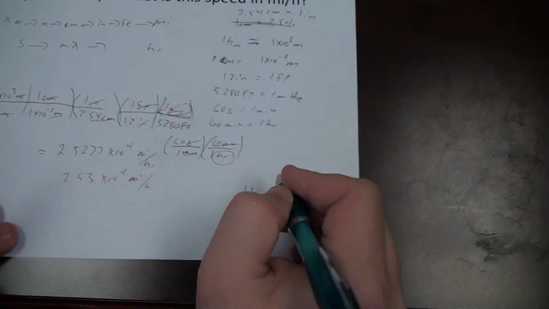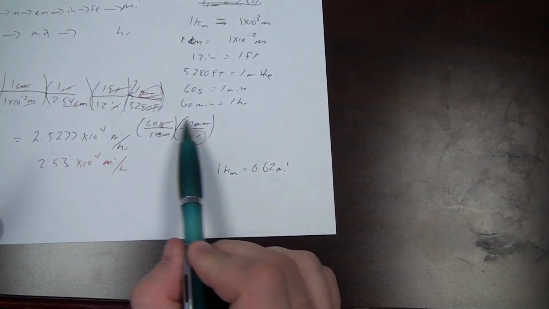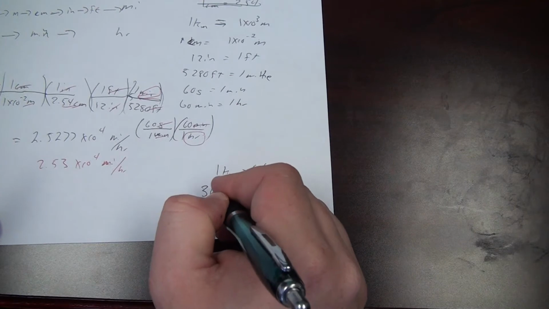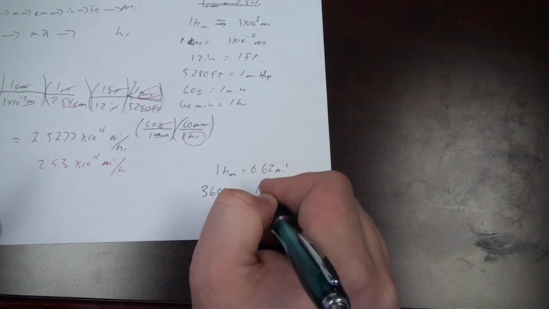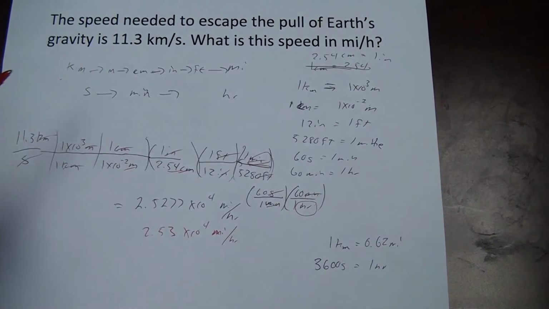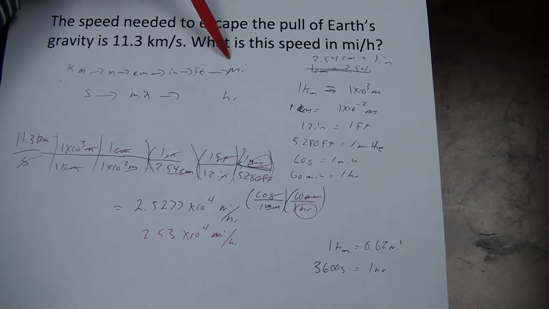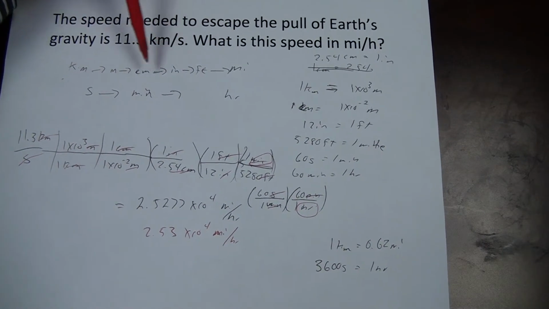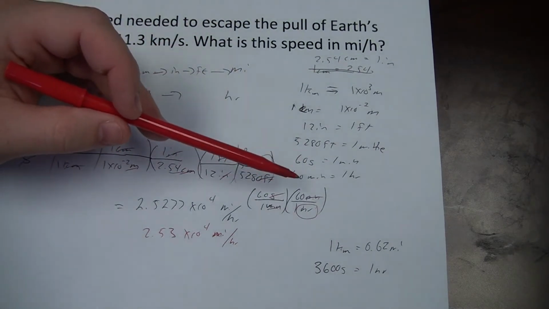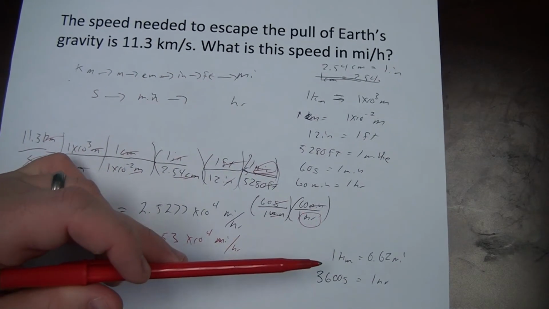And if we multiply 60 by 60, we'll see that there's 3,600 seconds in 1 hour. So again, we've done all of these steps here based on the fact that we knew this one conversion. Here we did 2 steps based on these 2 conversions. We can combine those if we wish.